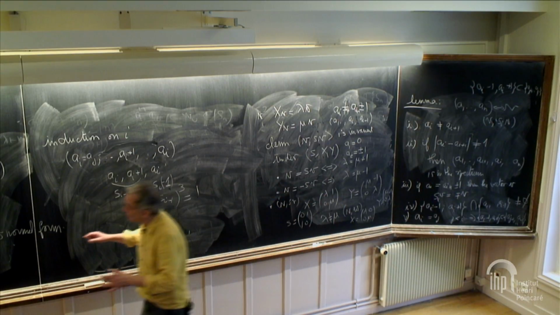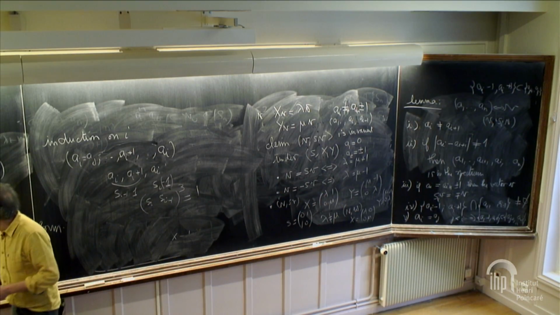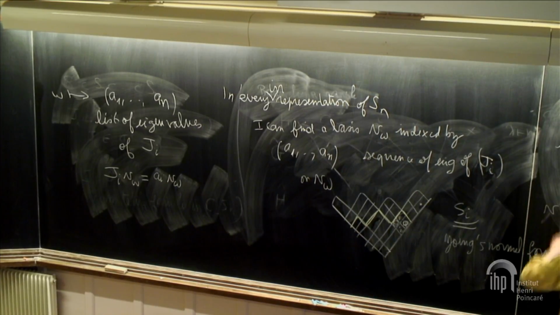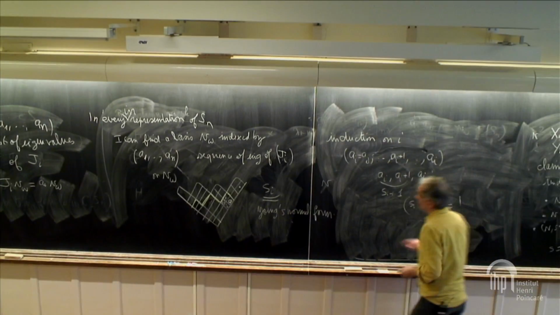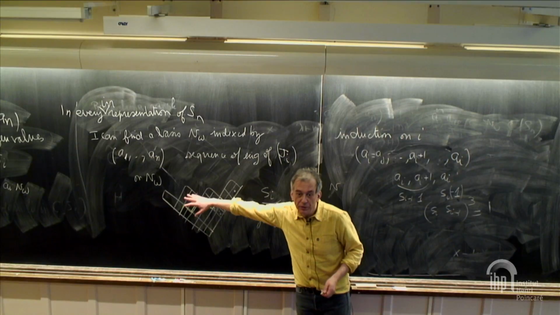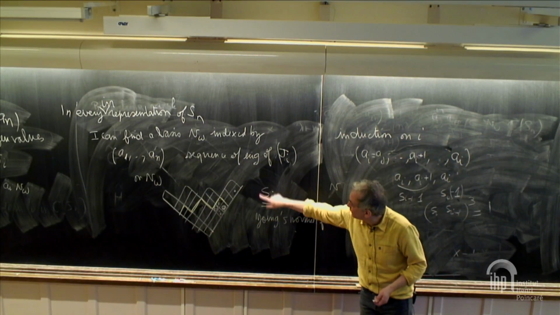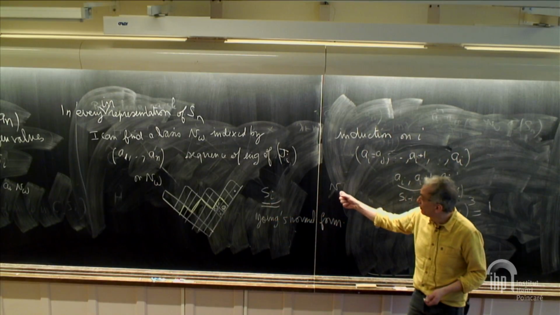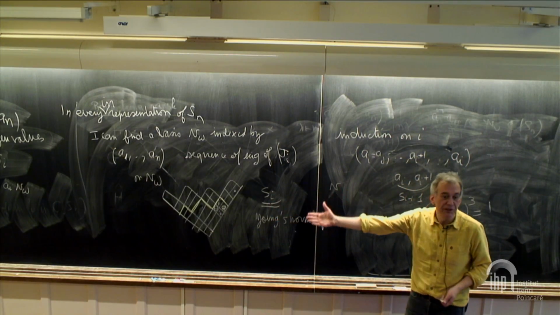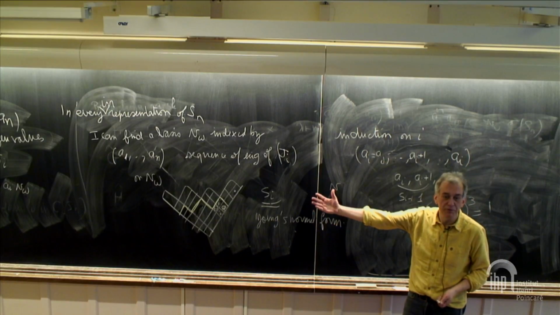And in particular, you can see that if a vector v corresponding to some tableau occurs in the representation, you can find by the action of these operators all the other v corresponding to the same tableau, to the same partition.